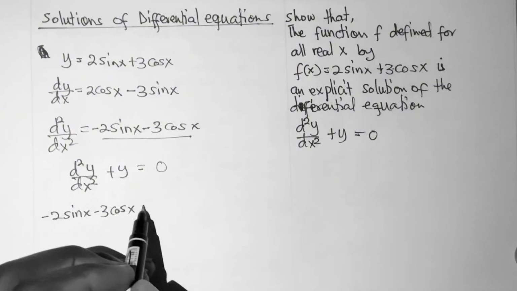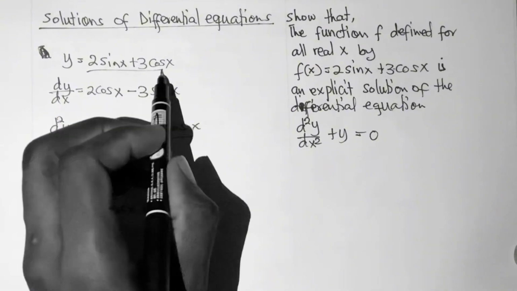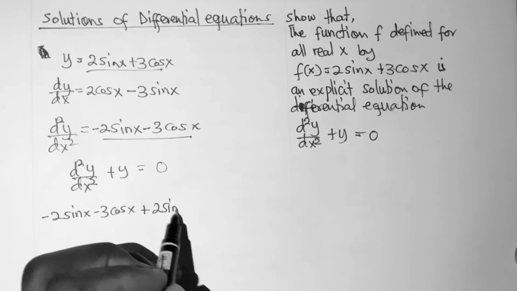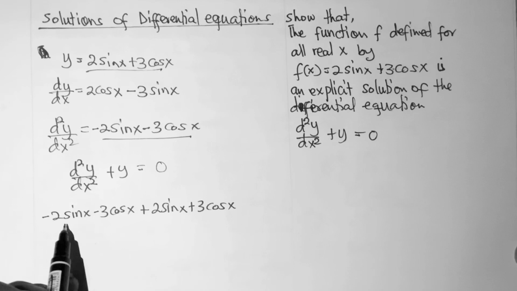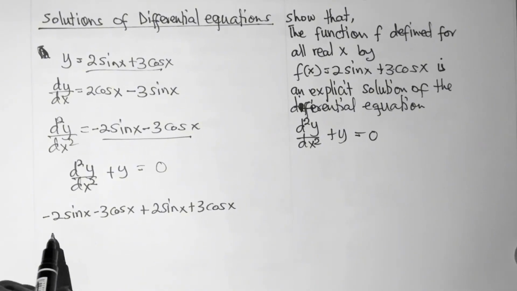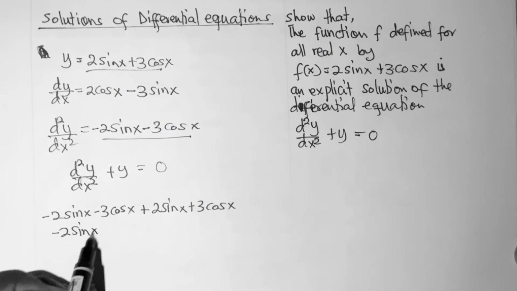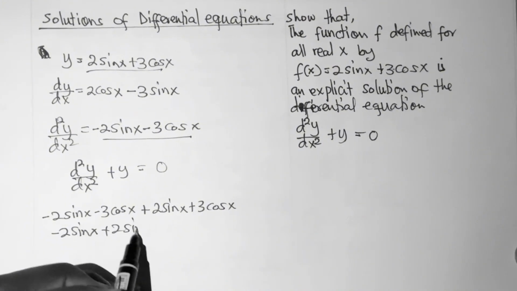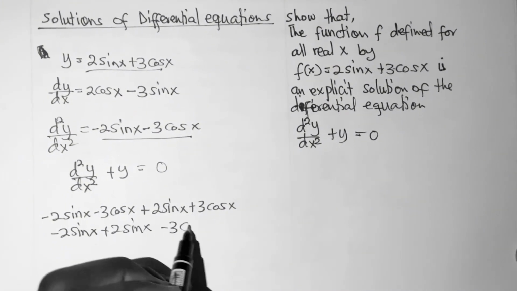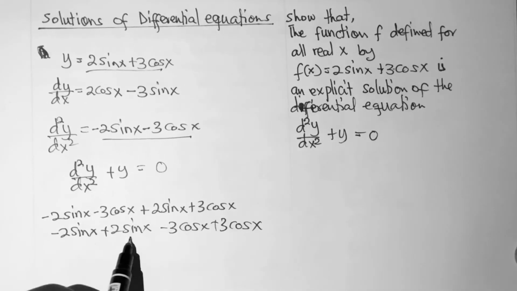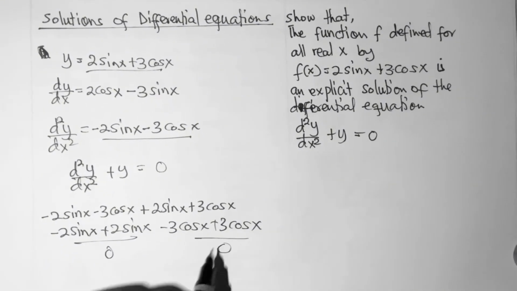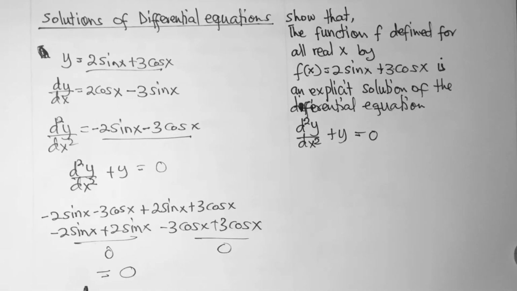Then we have plus y, but we said y is 2 sine x plus 3 cos x. Now let's group like terms. So we have minus 2 sine x plus 2 sine x, then minus 3 cos x plus 3 cos x. So you see that this will evaluate to 0 and this will evaluate to 0. So all of this is equal to 0.